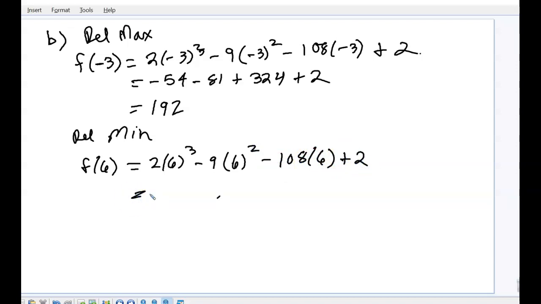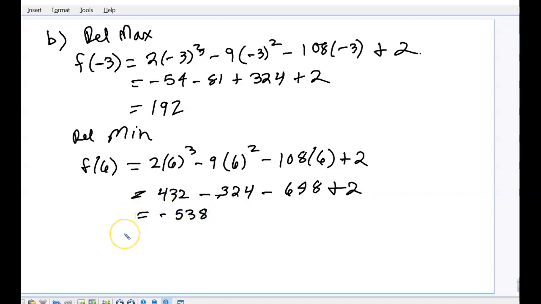So this is going to be 432 when I cube 6 and times by 2, minus 324, minus 648 plus 2. So 432, take away 324, take away 648 plus 2. This ends up being negative 538.